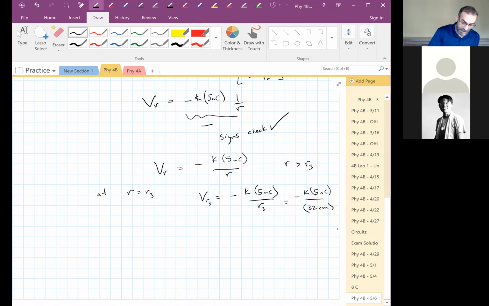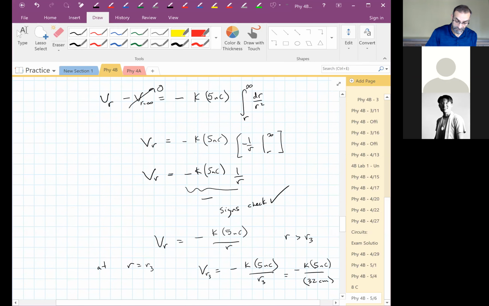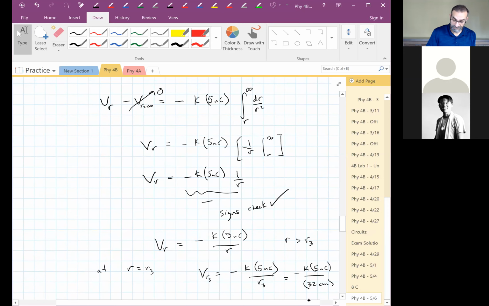Now we want to work our way inside. Now we say between... Now we're going to go between the two, within the thickness of that outer shell, right? We gave that outer shell a 2 centimeter wall thickness.